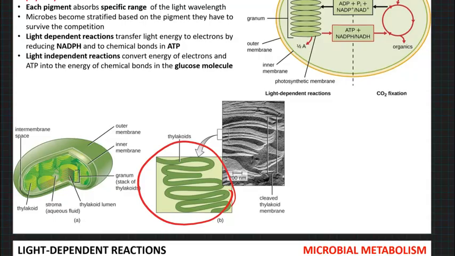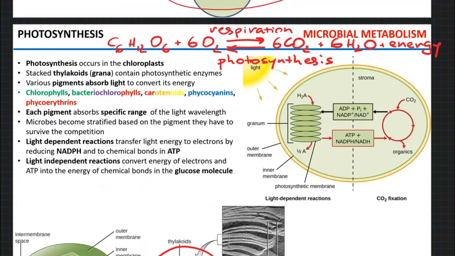These chloroplasts contain photosystems, and one of the key elements of each photosystem are pigments that absorb light. Now, obviously, I will definitely not ask you to memorize all the colors of all the pigments that I present on this slide, but it's color-coded.